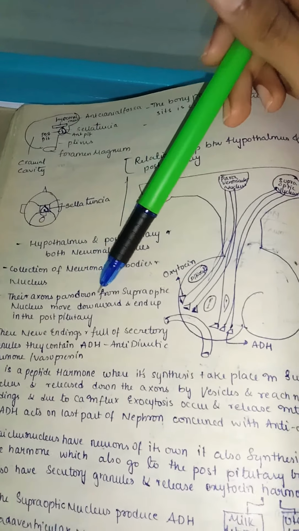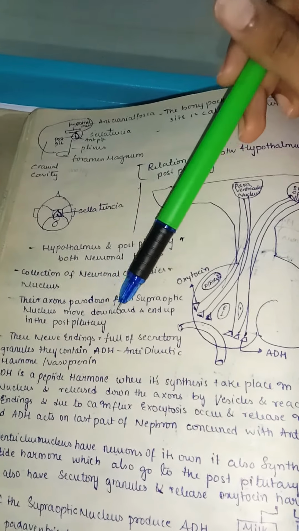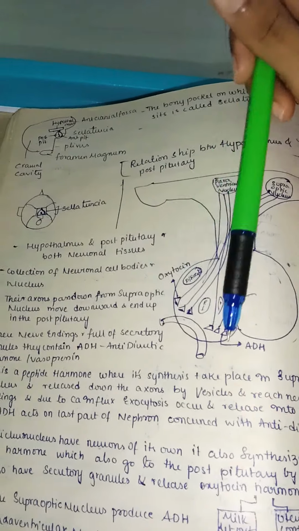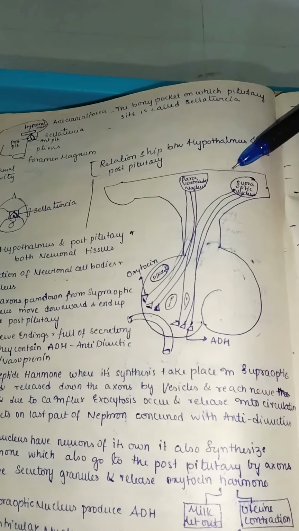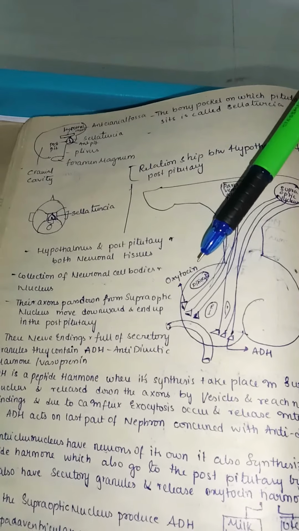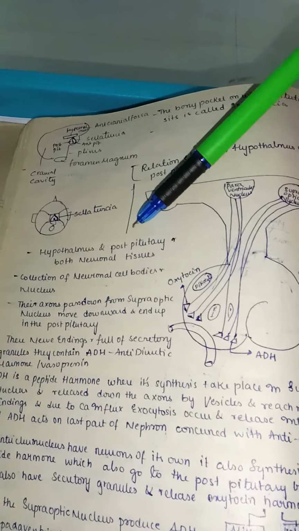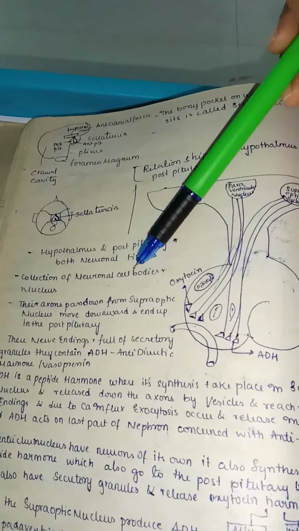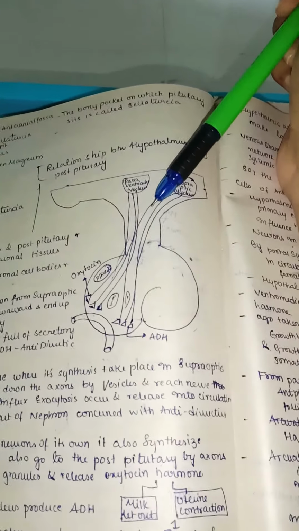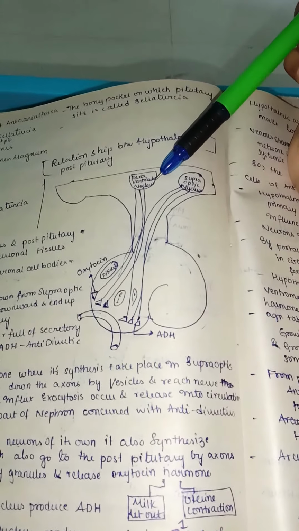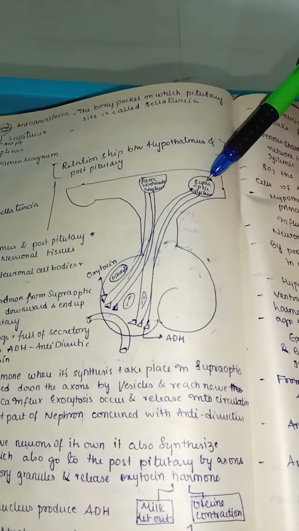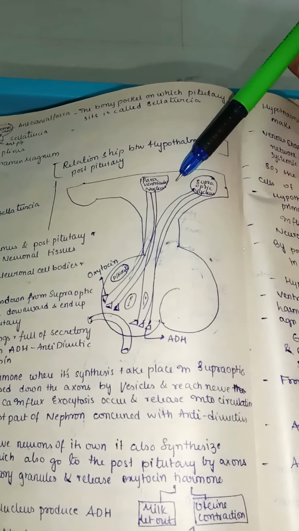Their axons pass down from the supraoptic nucleus, move downward and end up in the posterior pituitary. So mainly we have two types of nucleus present in the hypothalamus: the supraoptic nucleus and the paraventricular nucleus.